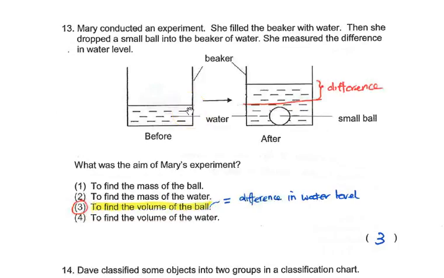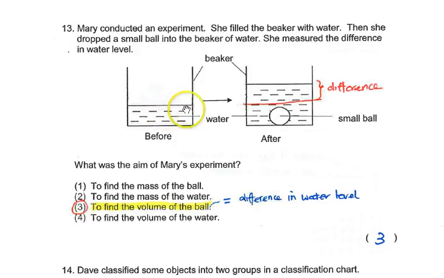Over here you have 2 containers, the same beaker. This arrow means before and after what happens. A small ball is being dropped into this, and it raises the water level. Can you see there's a difference in water level here?